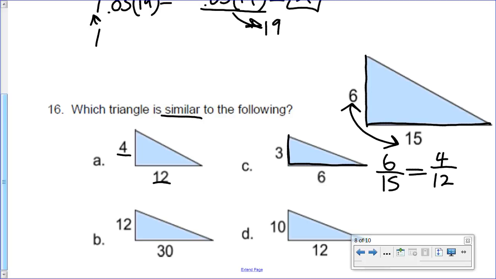Well, how do we turn 4 into 6? We could multiply it by 1.5, right? Well, if we multiply 12 times 1.5, we do not get 15, I'm pretty sure. So they are not proportional.